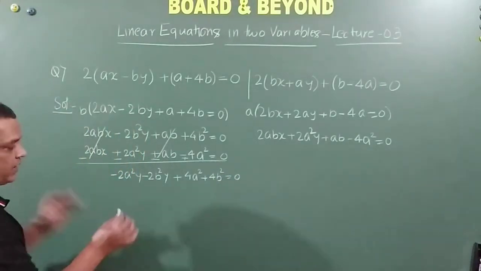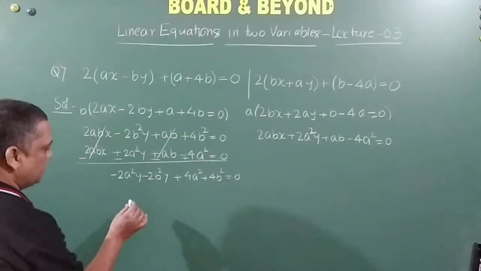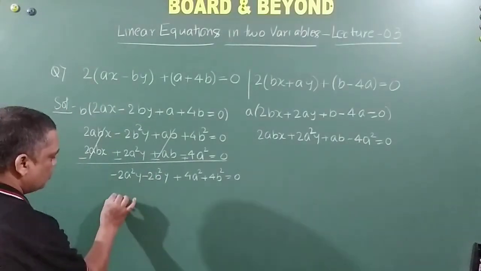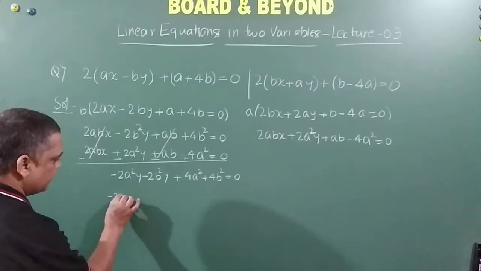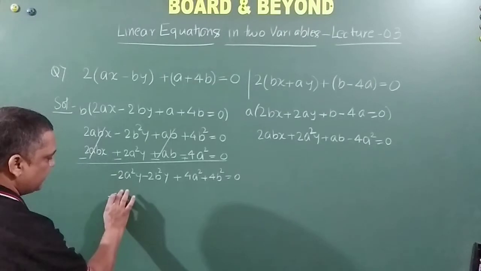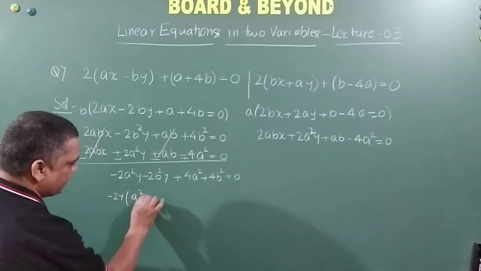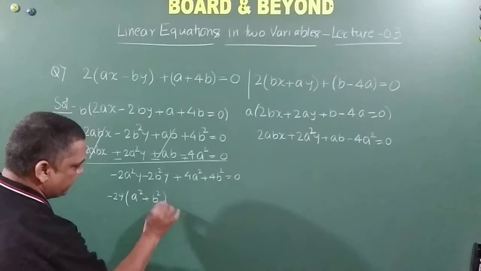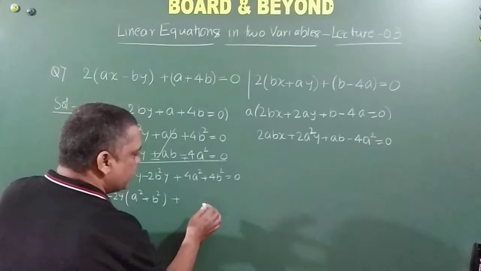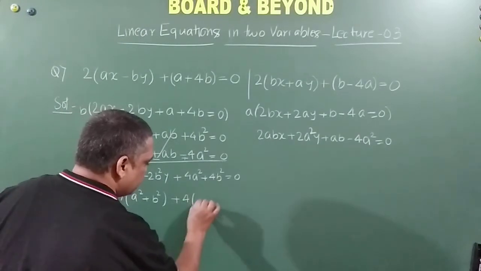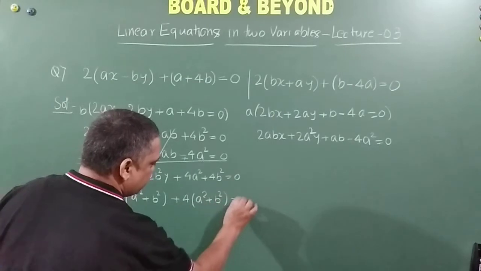Now I am going to take something common out here. Let's take minus 2, and I can take only y. So remaining is a square plus b square, right friends? Plus I can take 4 common out here, remaining is a square plus b square, right?